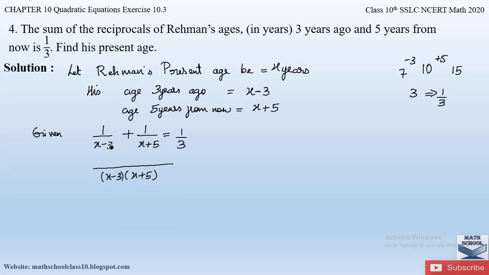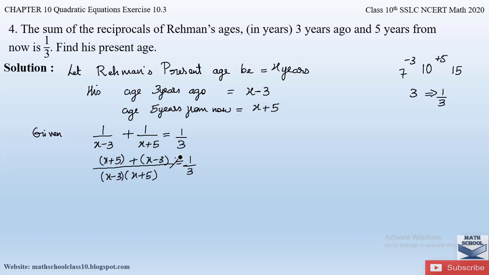For the first term, x minus 3 and x minus 3 get cancelled, and x plus 5 one times gives x plus 5. Similarly, for the second term, x plus 5 is already present in the denominator, so x minus 3 one times is taken in the numerator. So it is x minus 3 is equal to 1 divided by 3.